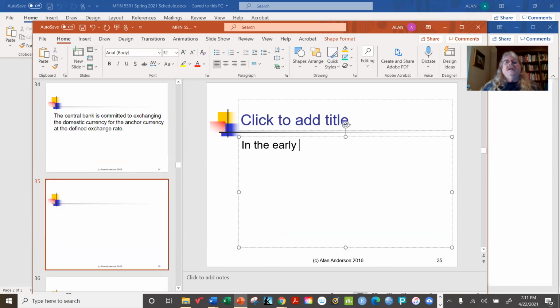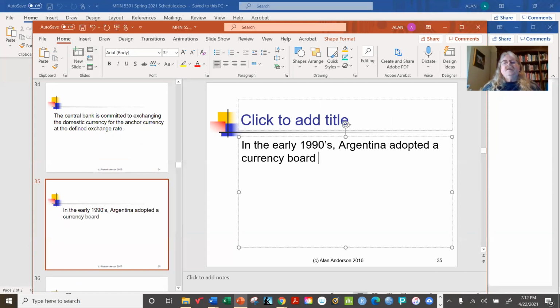In the early 1990s, Argentina adopted a currency board after experiencing high rates of inflation and high interest rates.